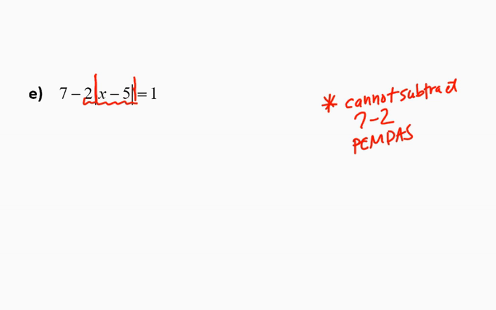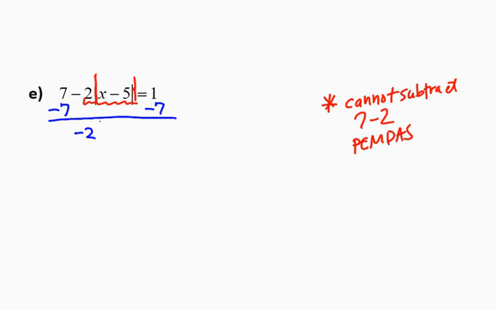So because of PEMDAS, I've got my hands held tight, and I cannot subtract 7 minus 2. So instead, I'm going to have to undo it with reverse PEMDAS, which means that I have to remove the 7 first because it's added on, whereas the 2 was multiplied on. So I'm going to subtract the 7. Order is important, and that's going to give me a 0 there.